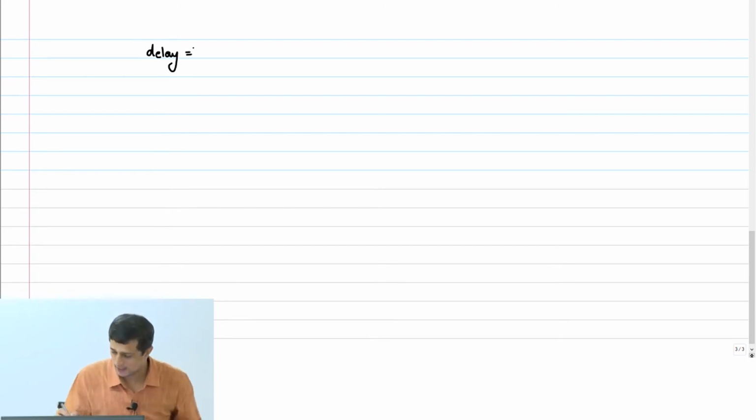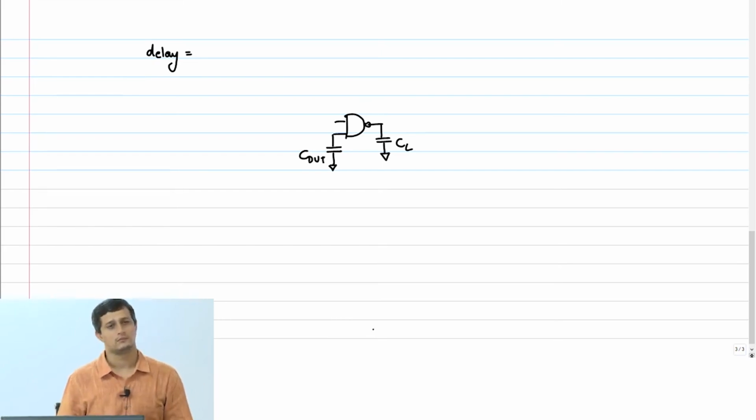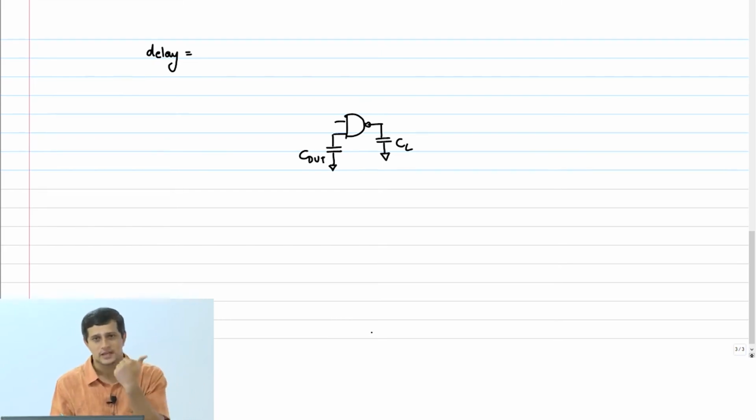So let's just get back to our delay that we talked about yesterday. We said that we had, let's say, some device under test and it was driving a load capacitance CL and its capacitance was C DUT, right? That is the gate capacitance that it will present after upsizing and all that, not the unit gate's capacitance, what the gate actually presents in the circuit.